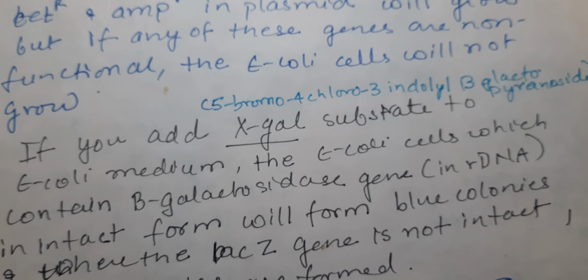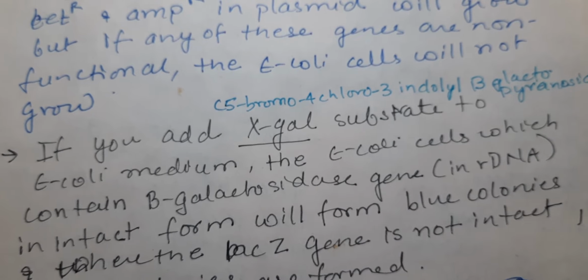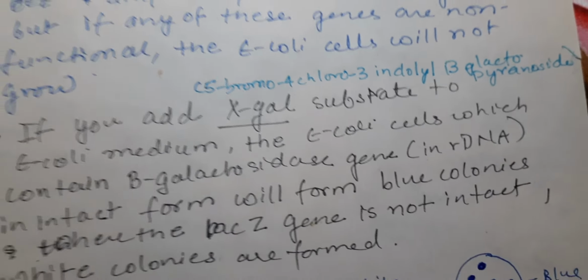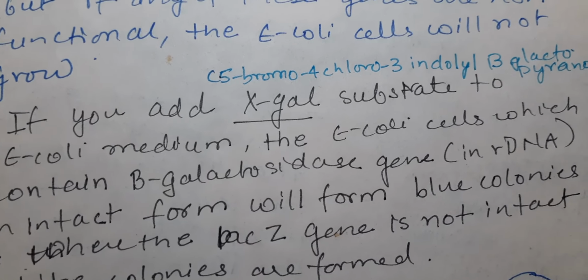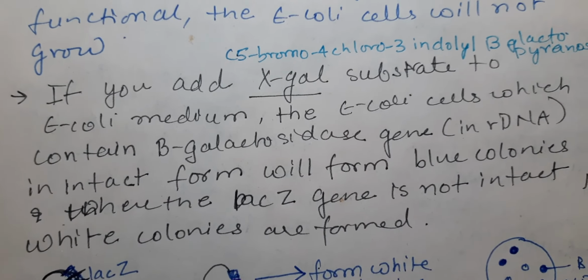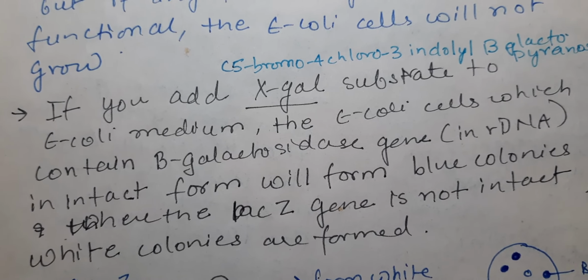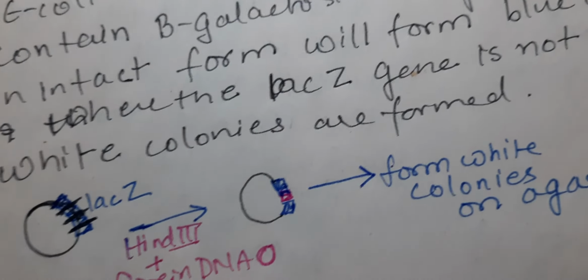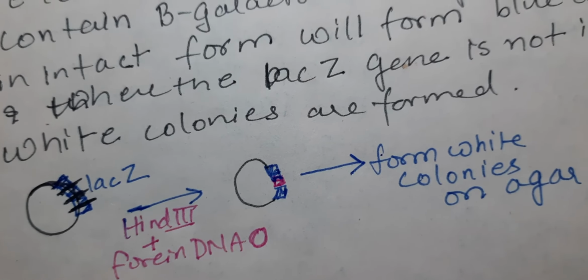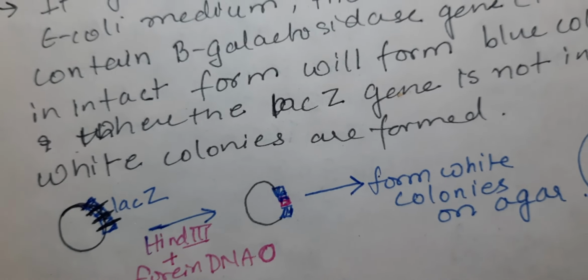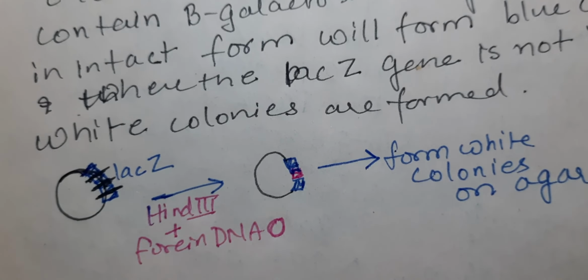But if there is a foreign gene which is inserted, and if the rDNA has taken up this gene, then this lacZ gene will become non-functional, and then it is unable to code for beta galactosidase, so white colonies are formed. So you can see the lacZ gene is there. It has a multiple cloning site. I have added here the HindIII enzyme and foreign gene.